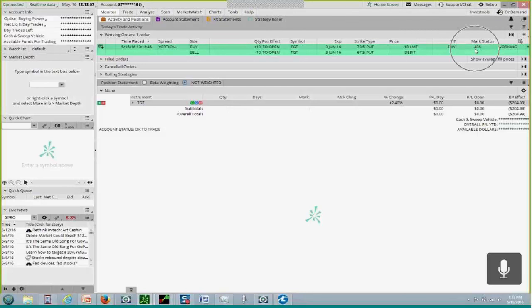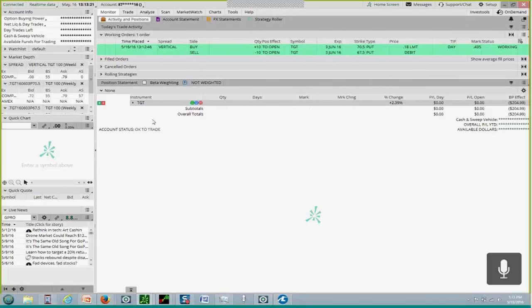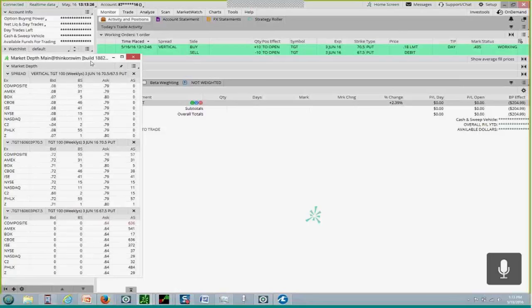And it says that the value is really 43 cents. And watch, this is something that a lot of people don't know about, the market depth. If I go ahead and right mouse click and look at the market depth, and if I pop this window open, what you have here is the bid-ask spread of the two legs.